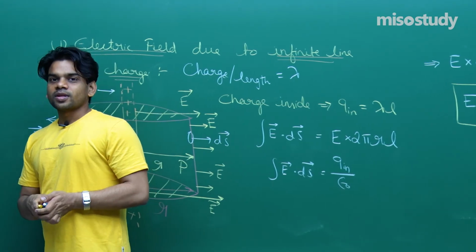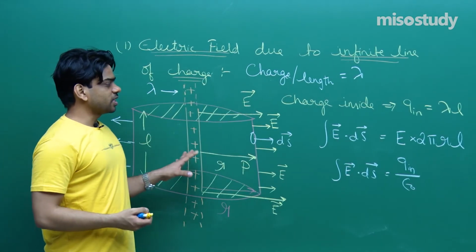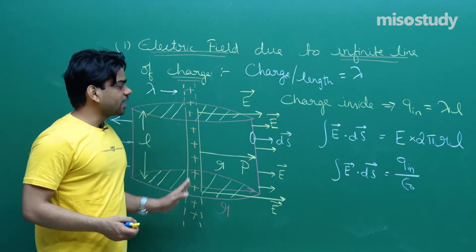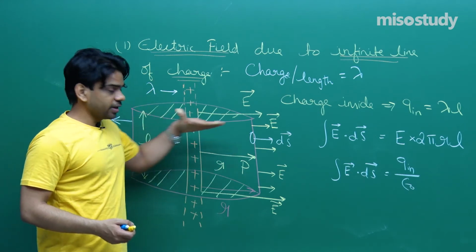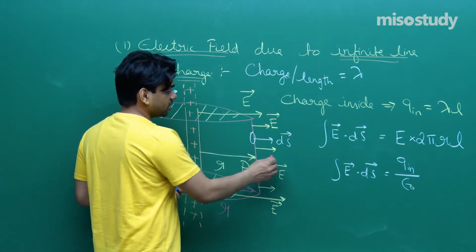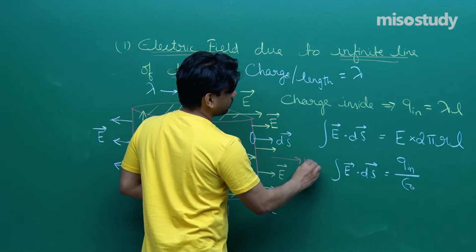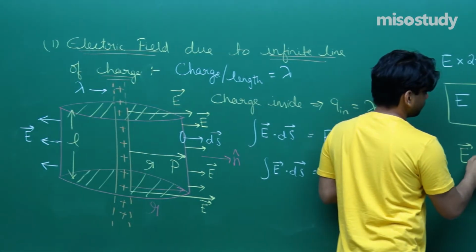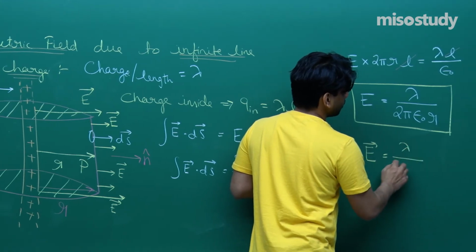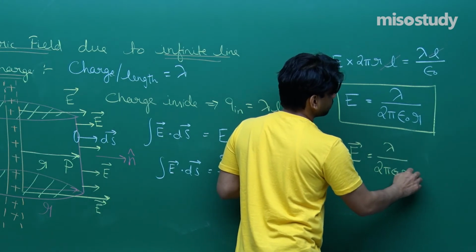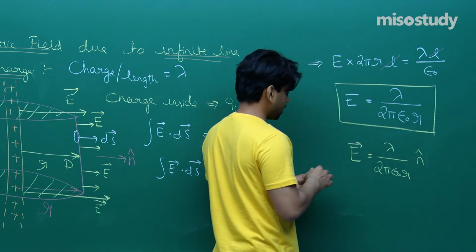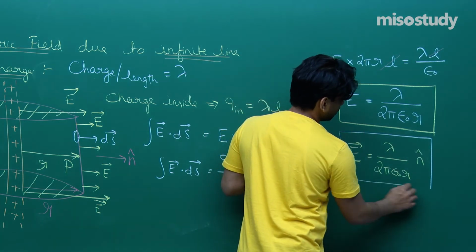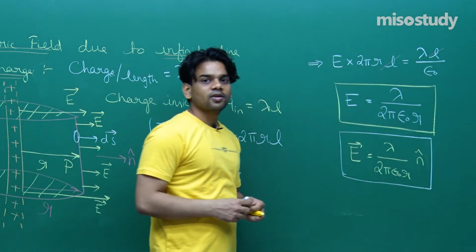Next, you see how we applied all the 4 to 5 steps and evaluated the value of the electric field due to this infinite length of wire. Now its direction is away. If I give a unit vector along this direction, n cap, the electric field in proper vector form is E equals lambda upon 2 pi epsilon naught r n cap, where n cap is the unit vector directed perpendicular to the line of the wire.